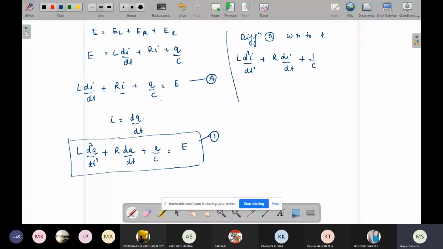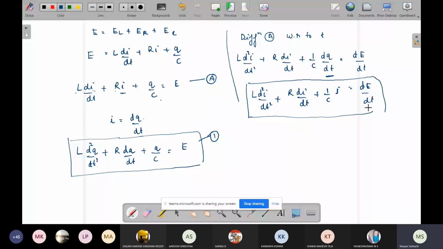Constants are L, R and C, these are the proportional constants. So dq by dt is equal to dE by dt, the electromotive force always depends on time, right? Now dq over dt is again I. So when you need to find the current, use this differential equation.